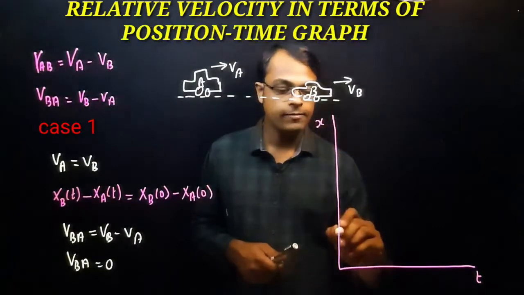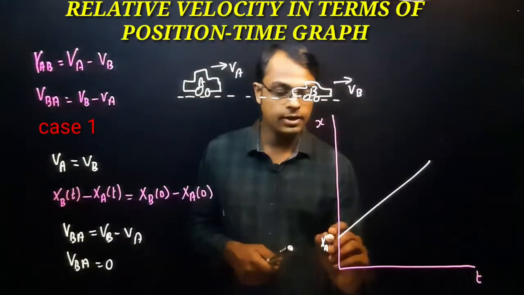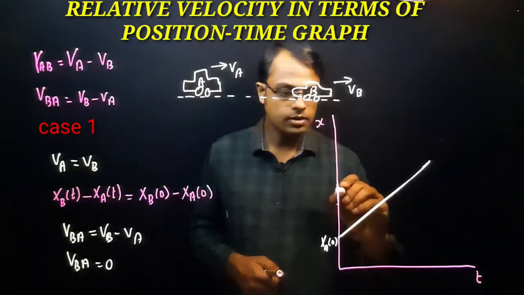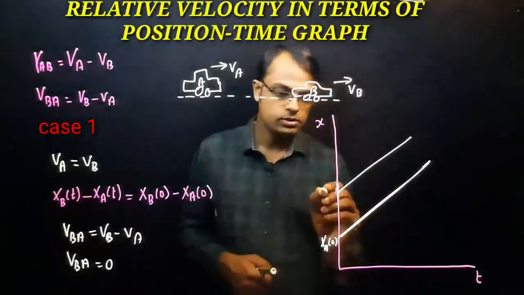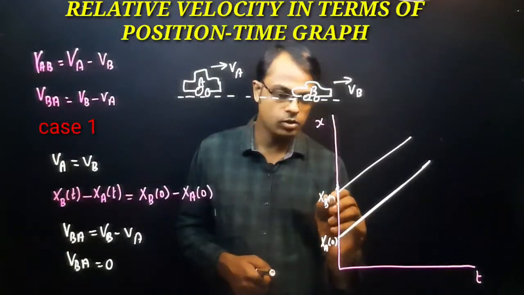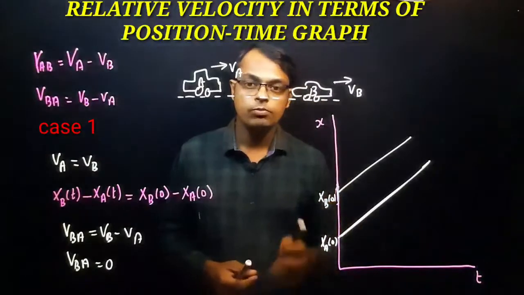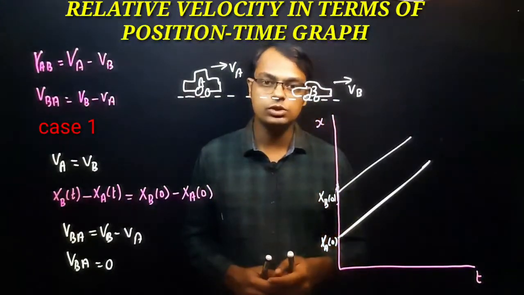So for this first one, say this is XA of 0. This is another line, both are parallel to each other. So we can write it as XB of 0. Here XA of 0 and XB of 0 are the positions of these two cars or the two objects when the time is equal to 0.